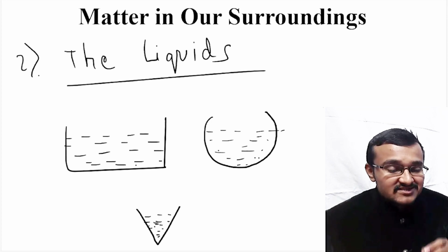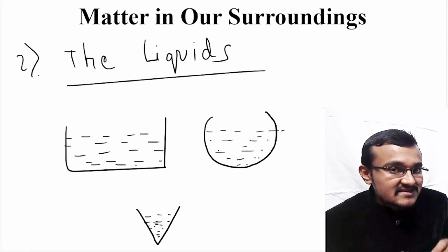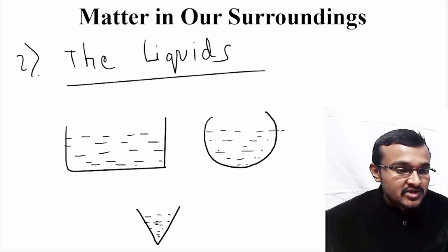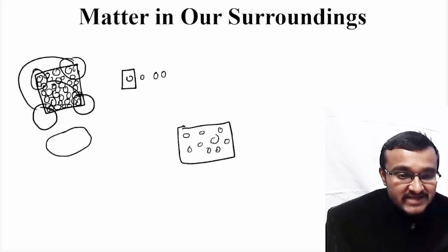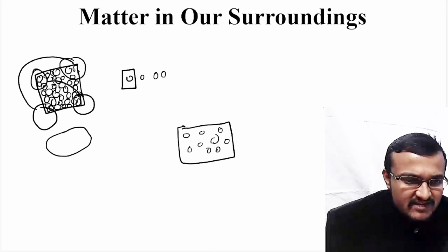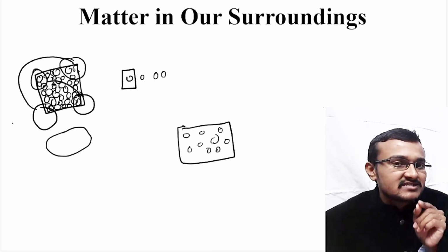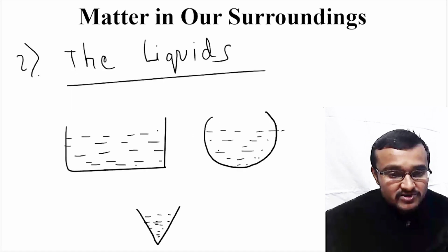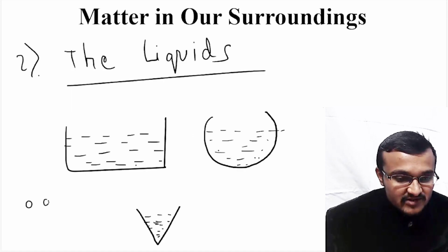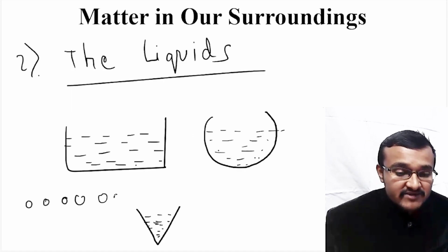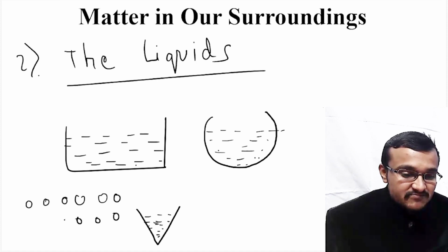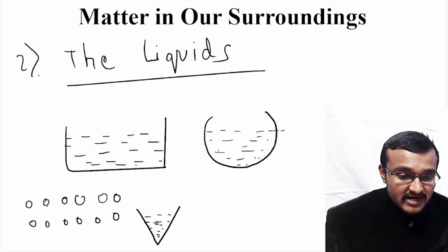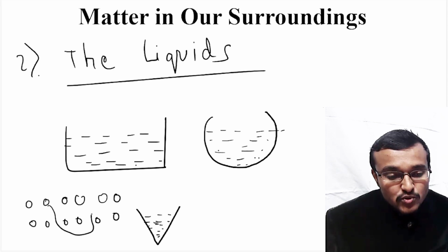That means the particles inside a liquid have a lot of space in between them. Coming to the solid state, the space in between particles is very little, so the particles cannot move from one place to another. But in liquids, particles have a lot of space in between, so they will move throughout the solution.